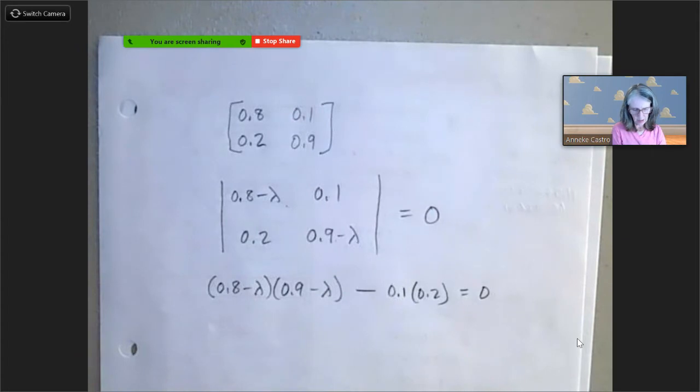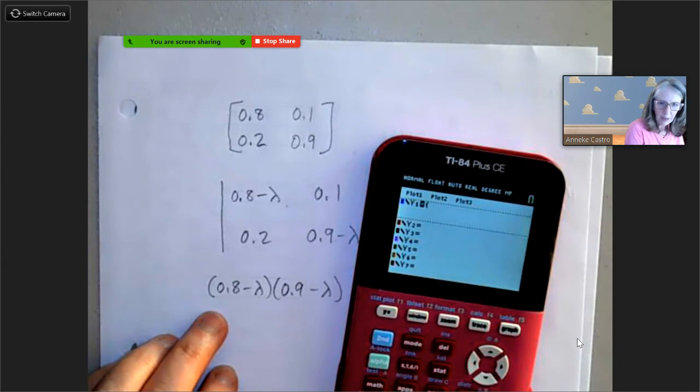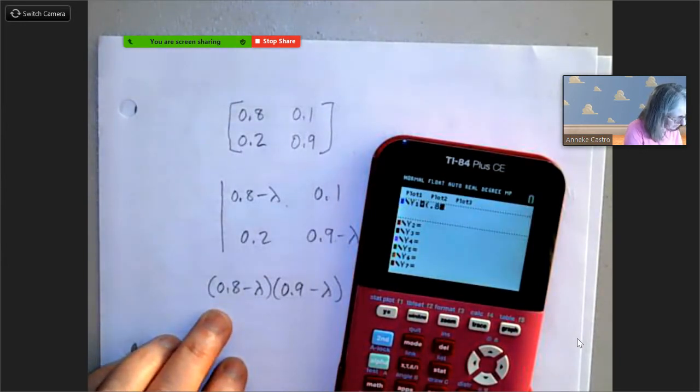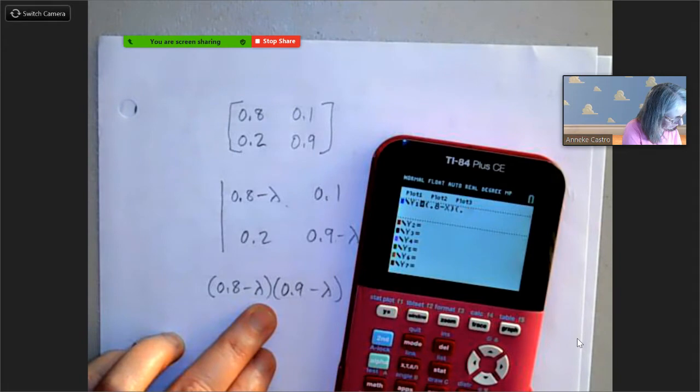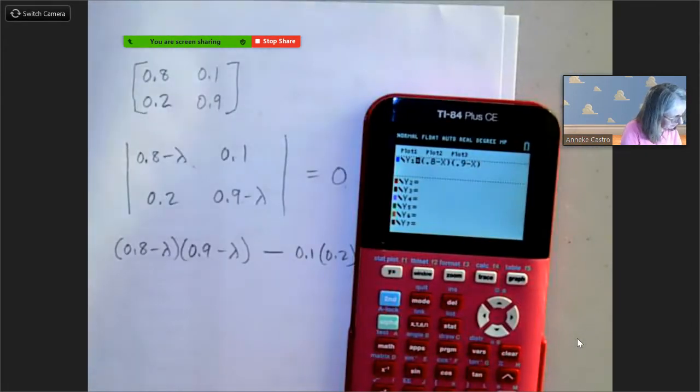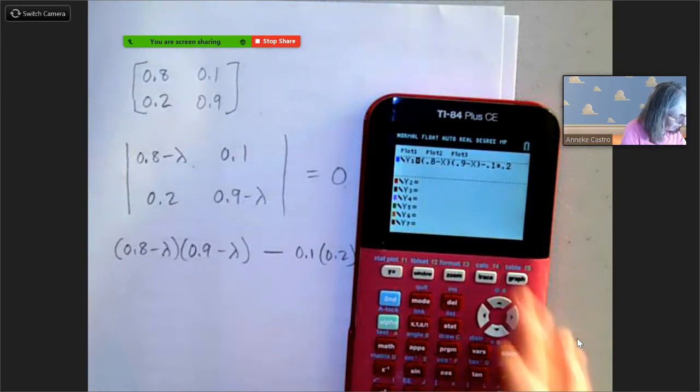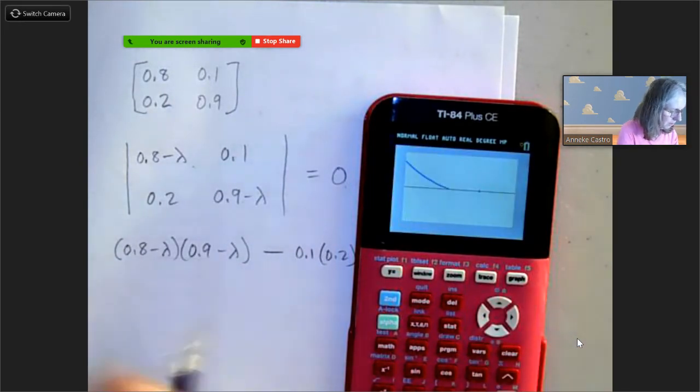So if I put this in, I have parentheses, 0.8 minus x, using x for lambda because I don't have a lambda on my buttons here, times 0.9 minus x, minus 0.1 times 0.2.